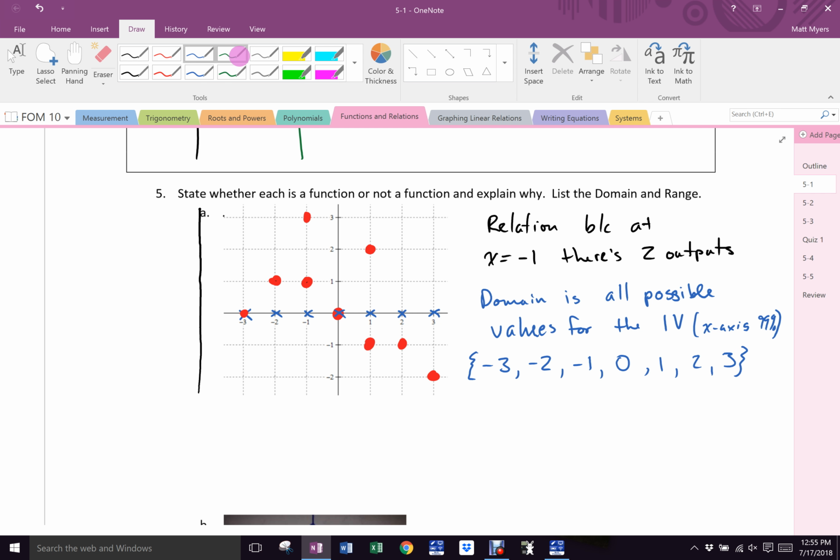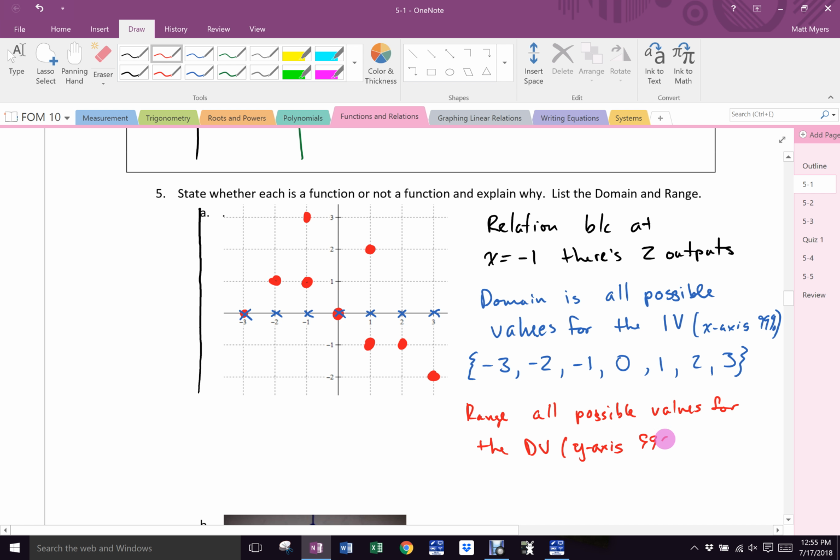Okay? The range, I'm going to do in red. If the domain is all possible values for the IV, the range is all possible values for the DV, which is the y-axis.